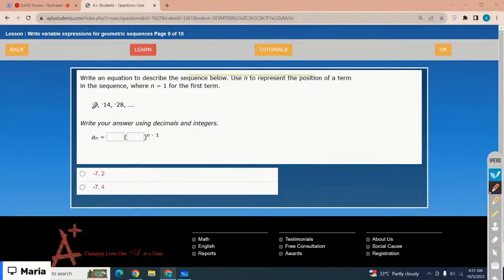Negative 7 times 2 is negative 14, and negative 14 times 2 is negative 28. That means the common ratio r is 2. So the missing values are negative 7 and 2. Option number 1 is the correct option. Got it?